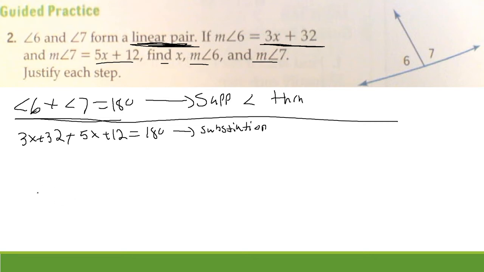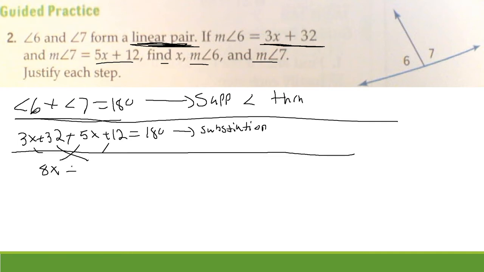Or you can say given, because technically they did give you that information in the problem. And then we're just going to combine like terms. So here, that'd be 8x. Here, that would be 44 is equal to 180. So that is simplifying or combining like terms, whatever you want to say.